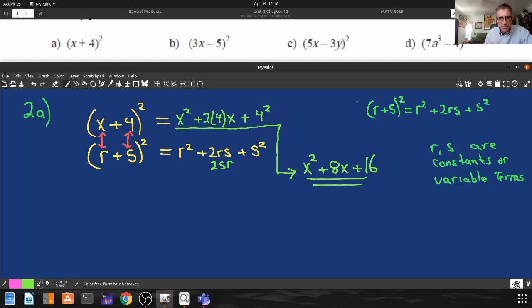So while you're erasing that, I'm going to draw a little area over here that I want to keep. Okay, let's do the next one.